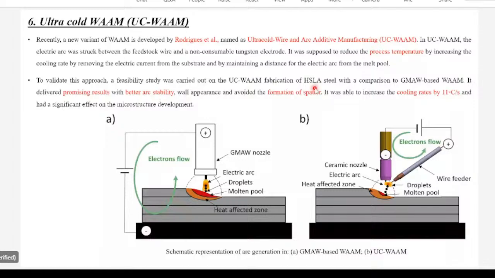It delivers promising results: better arc stability, wall appearance, and avoids the formation of spatter. It is also able to increase the cooling rate to 1 degree Celsius per second, with a significant effect on the microstructure development. So these are the six quality techniques for how we can improve the quality of WAM.